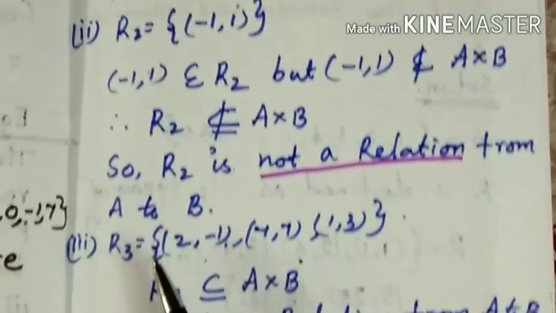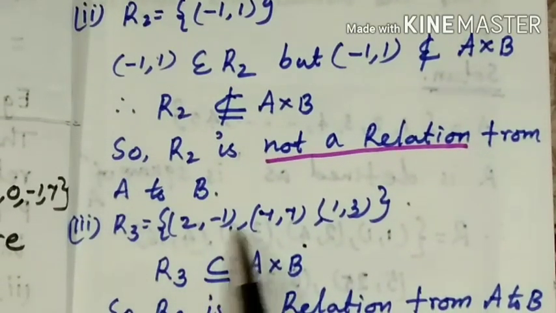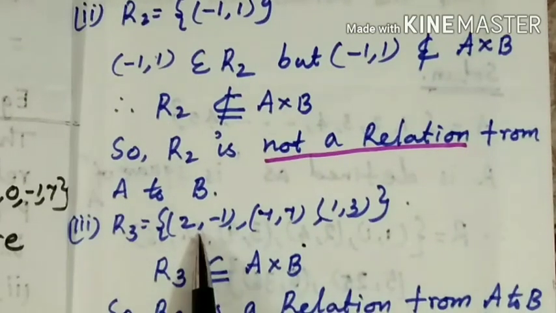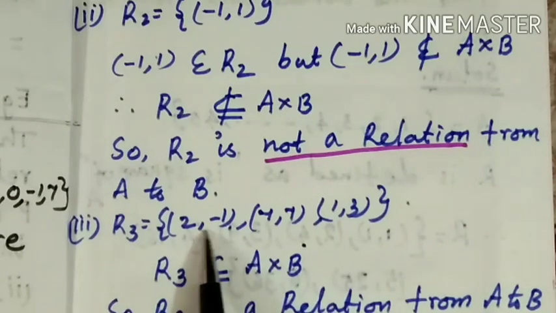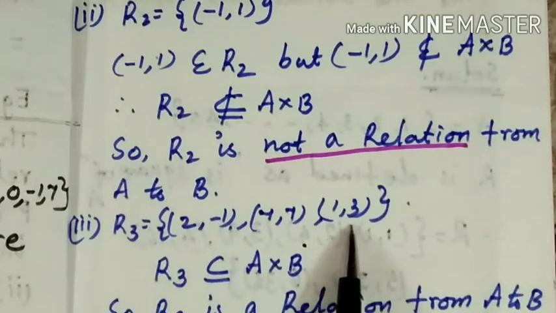Then the third subdivision R3 = {(2, −1), (7, 7), (1, 3)}. Is the first element present in A × B? Yes. Then the second element (7, 7), is it present in A × B? Yes. Then the third element (1, 3), is it present in A × B? Yes.